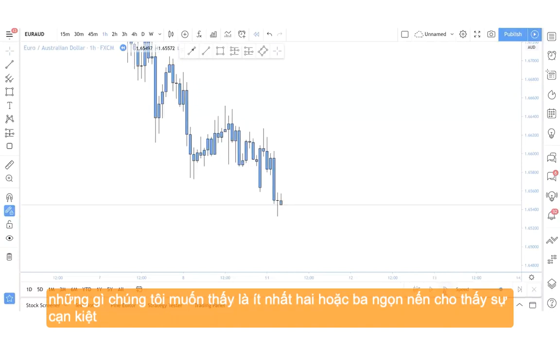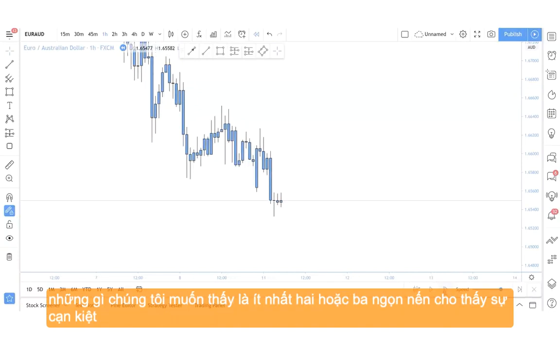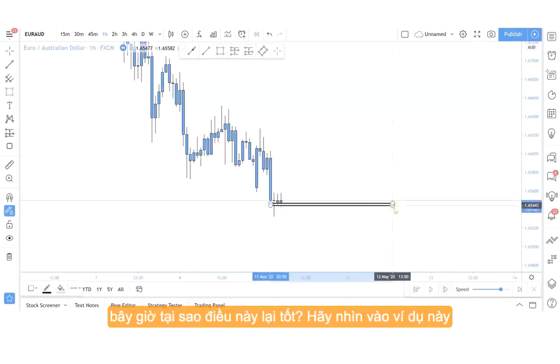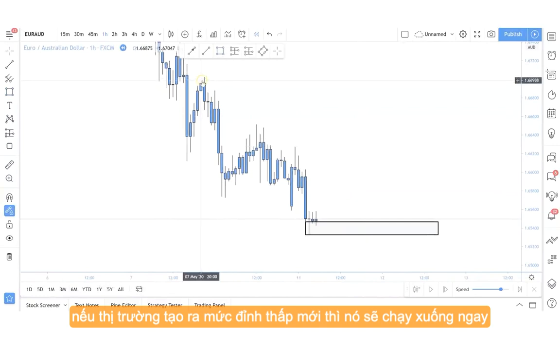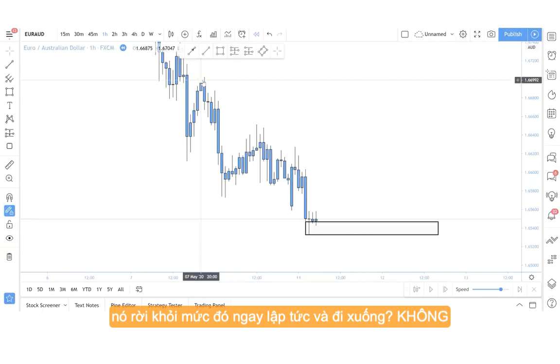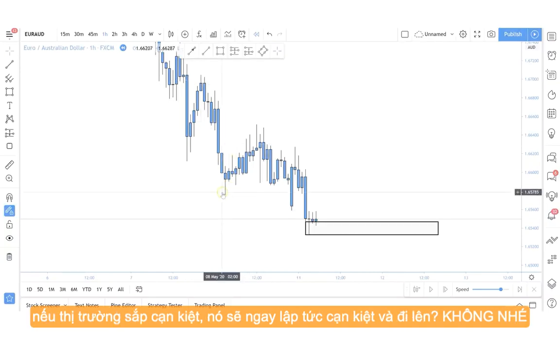What we want to see is at least 2 or 3 candles indicating a depletion. Now, why is this? Well, look at this example. If the market creates a lower high, does it leave that level immediately and go down? No. If the market's going to exhaust, does it immediately exhaust and go up?